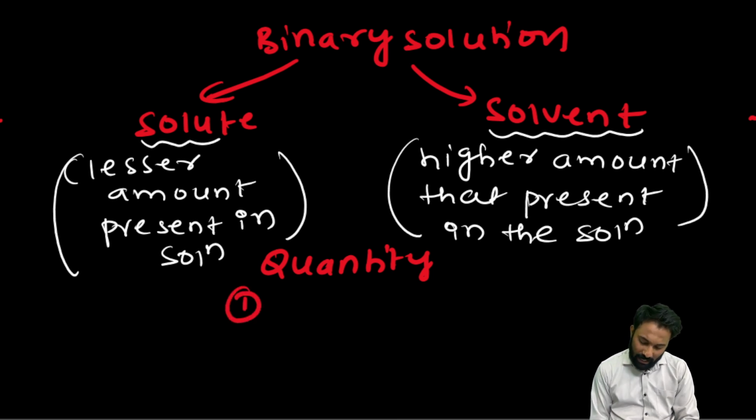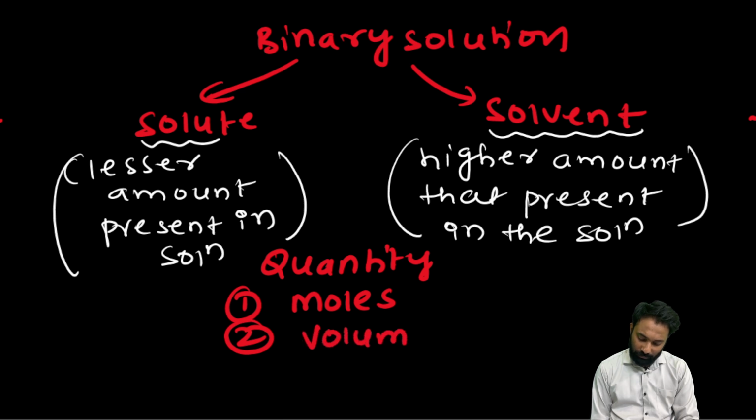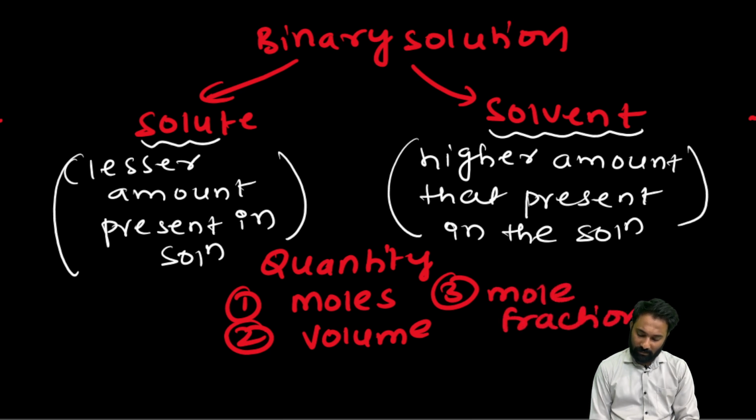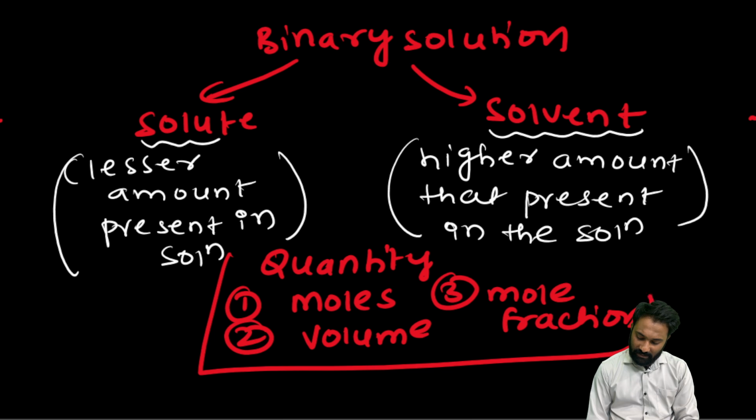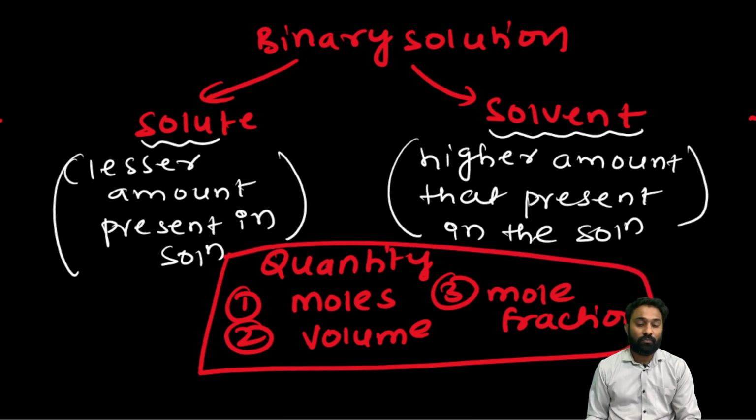First is mass, first is moles. By seeing the moles we can say. Second, by seeing the volume. Third, by seeing the mole fraction. Clear? By seeing these quantities we can say which is a solute and which is a solvent.